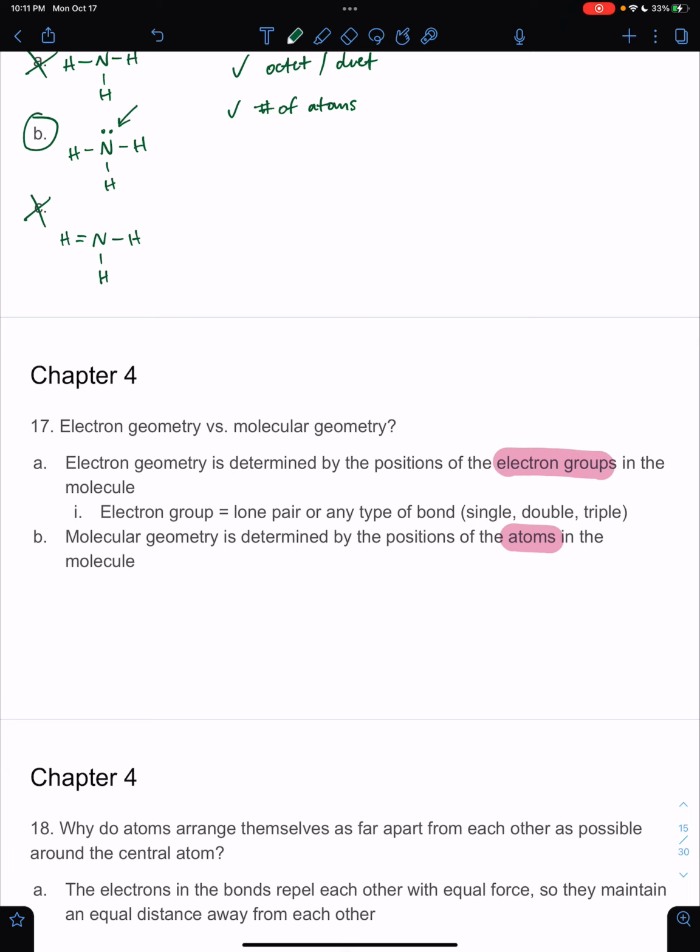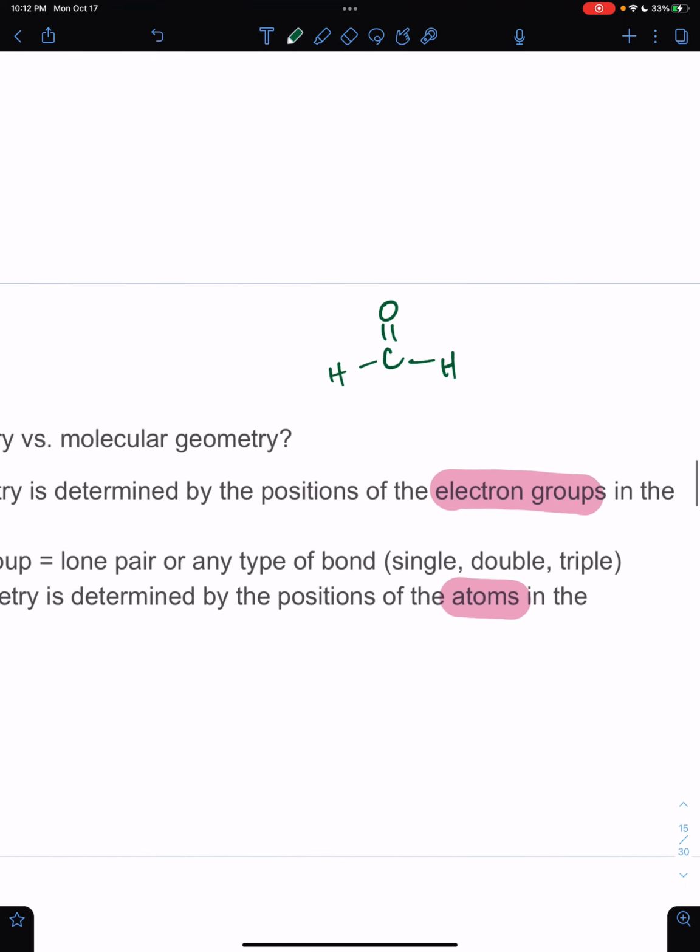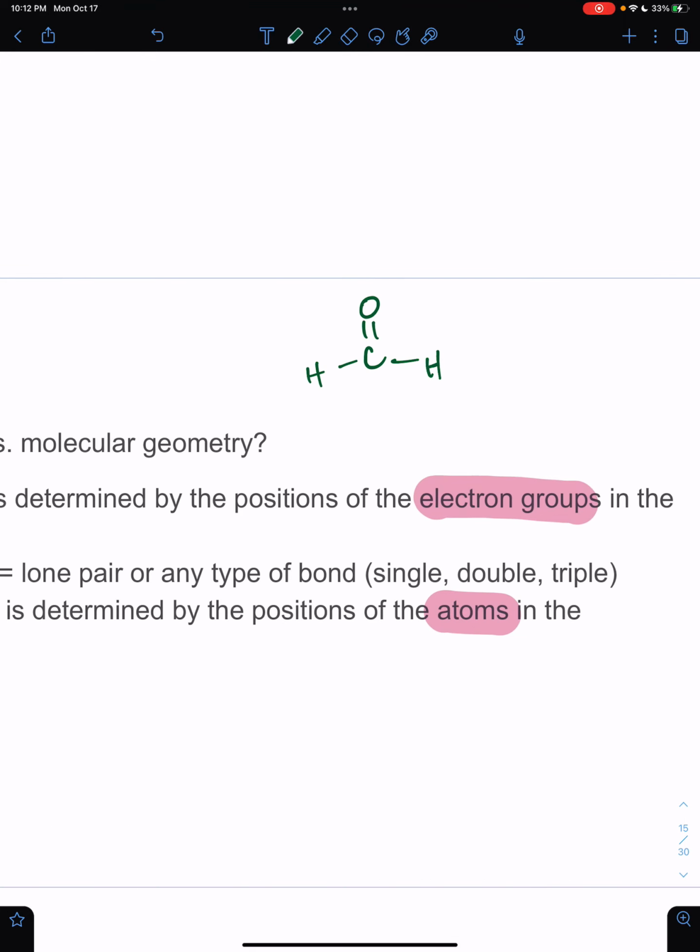So if we had something like this, the number of electron groups here is 1, 2, 3. So even though there's 2 bonds in this double bond, it still only counts as 1 electron group.